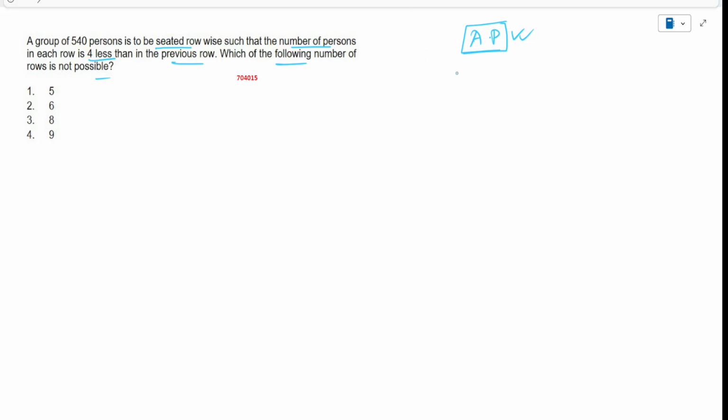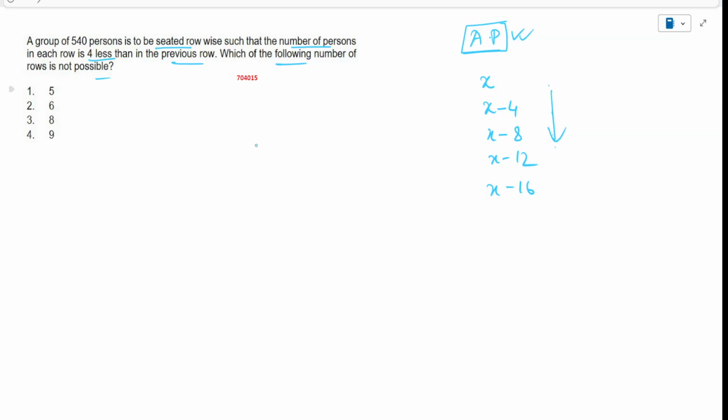Fine. So if we say that in the first row there are x people, then in the next row x minus 4, x minus 8, x minus 12, x minus 16, like that. This is the arrangement of rows that you will get.